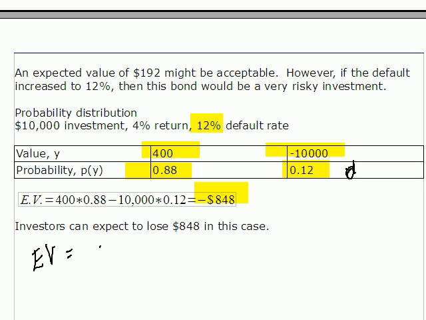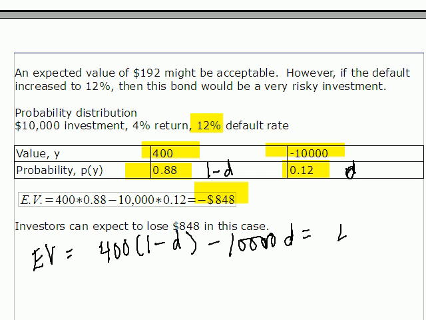That's D. What is this? It's 1 minus D. Okay, so the expected value is 400 times 1 minus D minus 10,000 times D. And I know that the expected value that I want is 0. I want to find out when that's 0. What default rate can I expect to get nothing back? And after that, it's going to get worse.